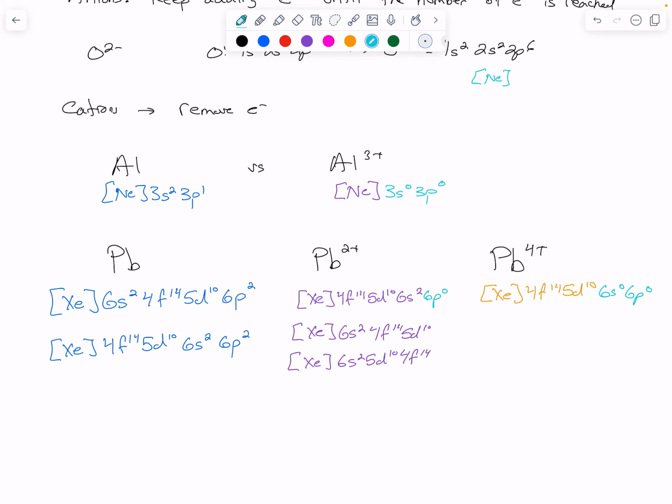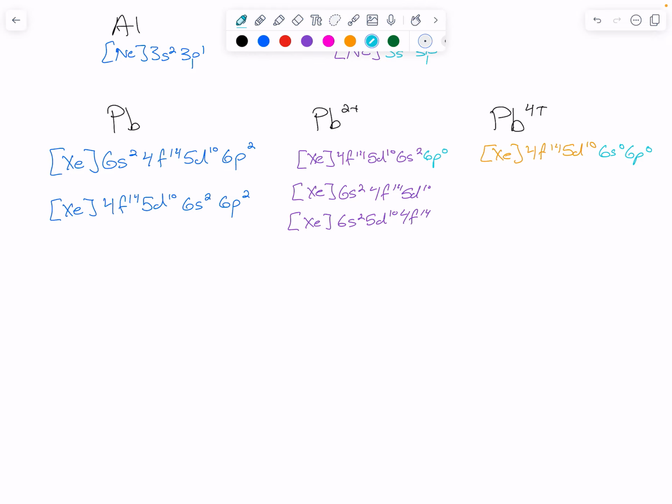Now, let's do another example because I want to do it when we lose d's. So let's look at gold, Au plus, Au3 plus. Gold is special to begin with. Gold is xenon, and we have 6s1, 5d10, and 4f14.